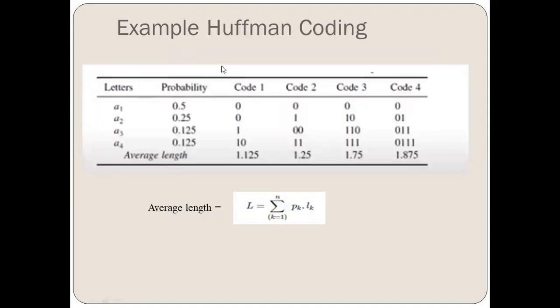We have taken the same example, a source of 4 letters, A1, A2, A3 and A4, with the same probabilities: 0.5, that is half, 1/4, 1/8 for A3 and again 1/8 for A4, that is 0.125.